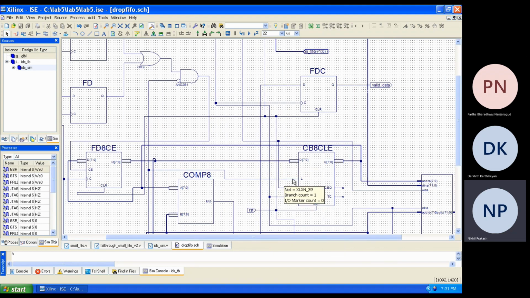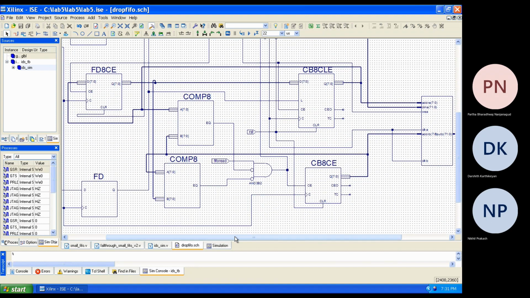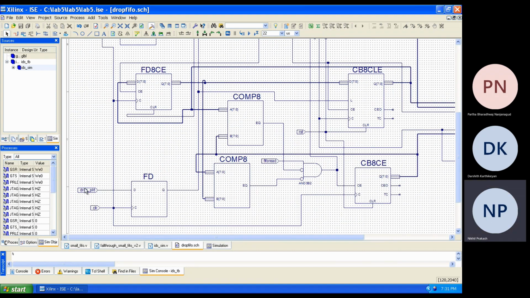Let's see when the load will be high. You can see the load is connected here. As I told, whenever the pattern is found, this drop_packet signal becomes high. The next clock cycle, the load gets asserted here.